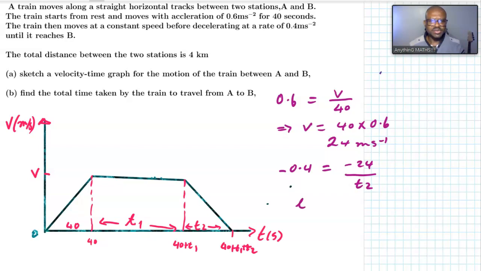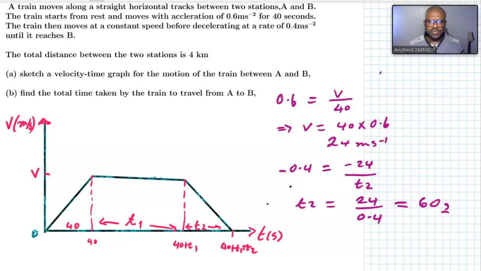And therefore T2 will be 24 divided by 0.4. Let's do the sum. It's 60. So we get 60 seconds here.